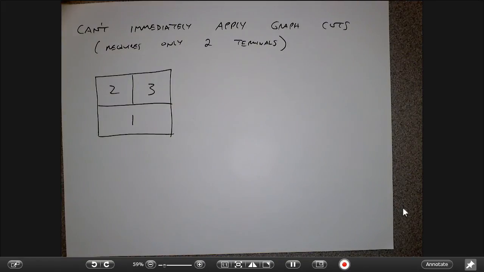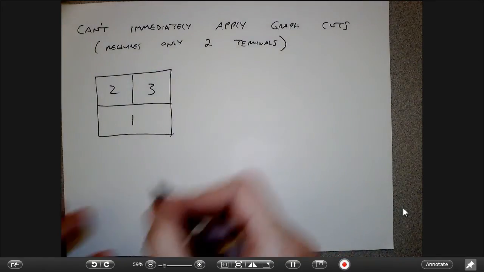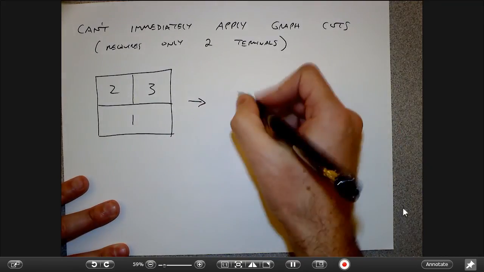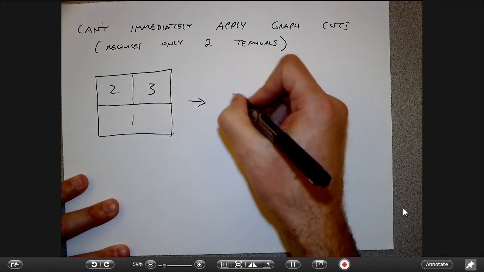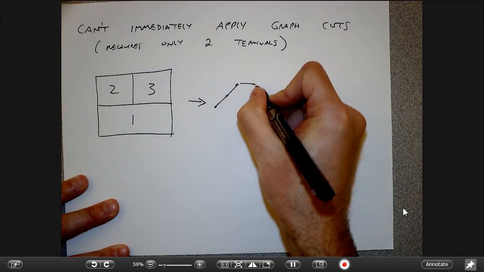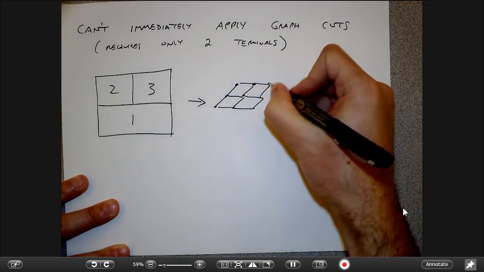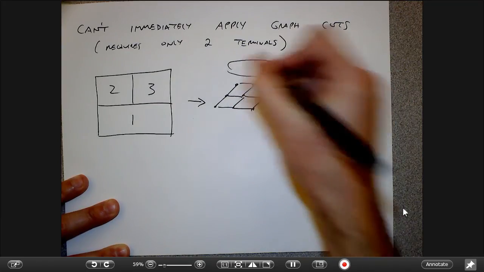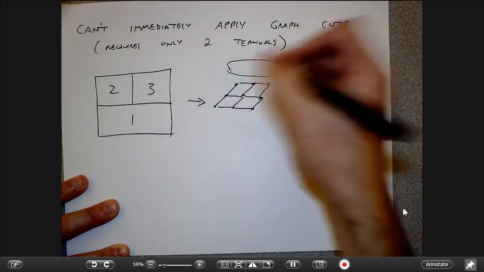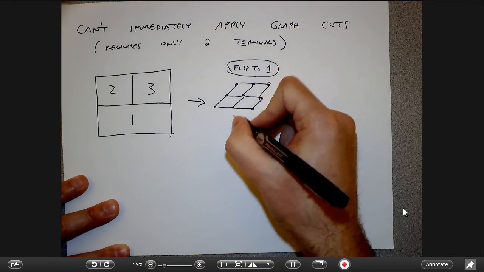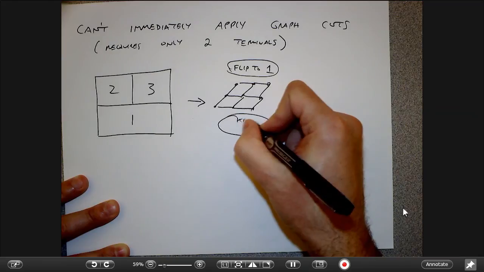And so what I might do is solve a problem where I cycle through, saying, you know, I've got my graph. And these guys are connected to 2 terminals, and those terminals are named, you know, flip to 1 or keep current label.